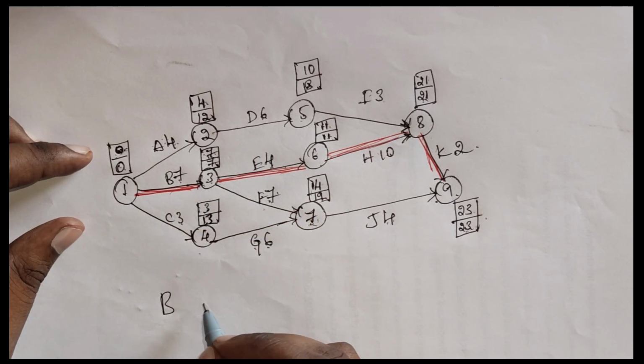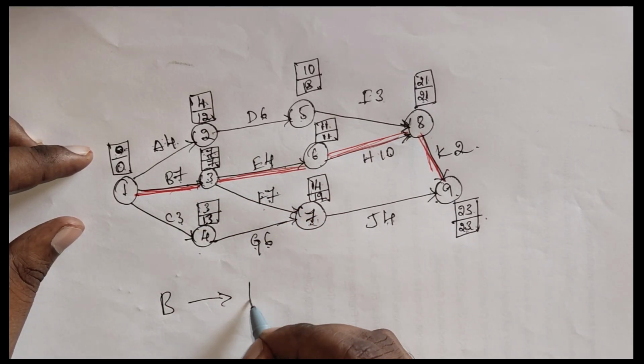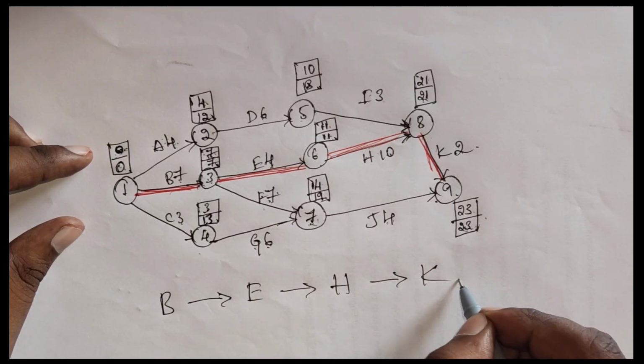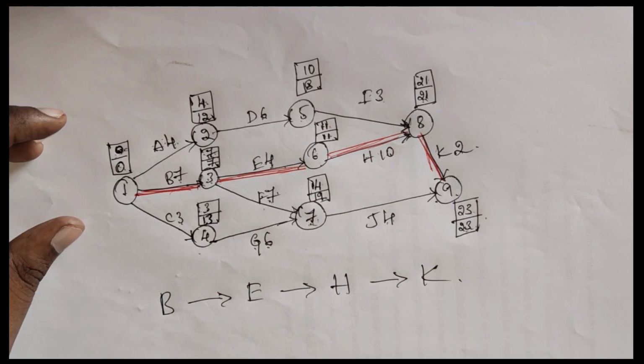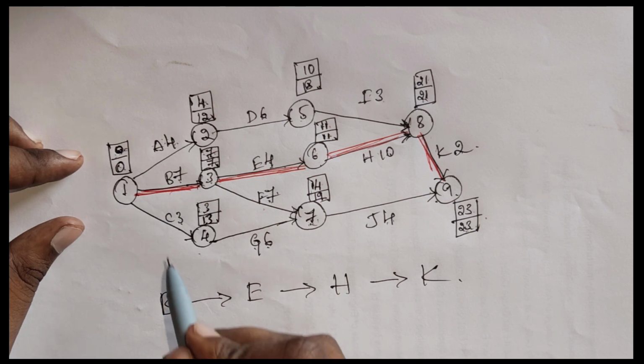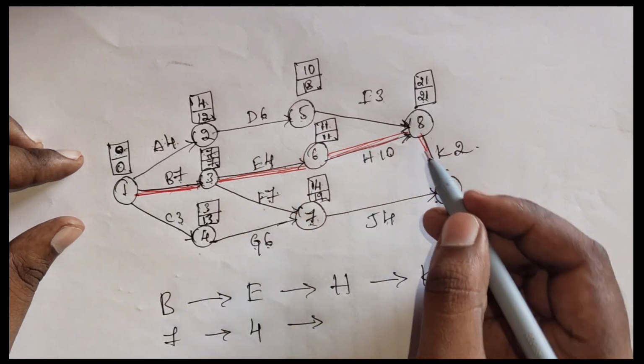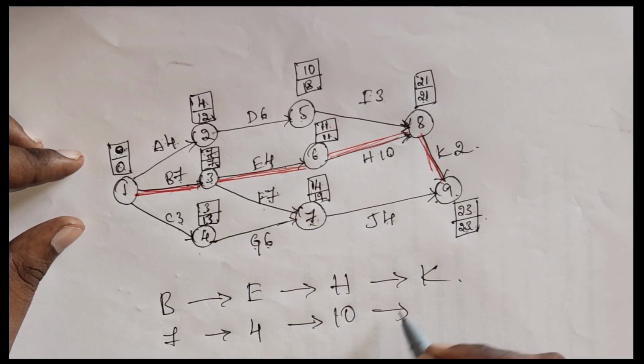It's moving from B to E, E to H, H to K. Clear? And what are the actual activities involved? B is 7, E is 4, H is 10, and K is 2. 7 plus 4 is 11, 11 plus 10 is 21, 21 plus 2 is 23.